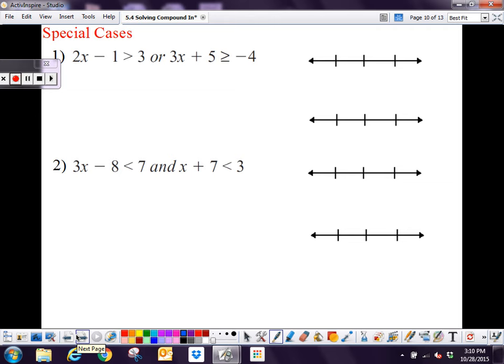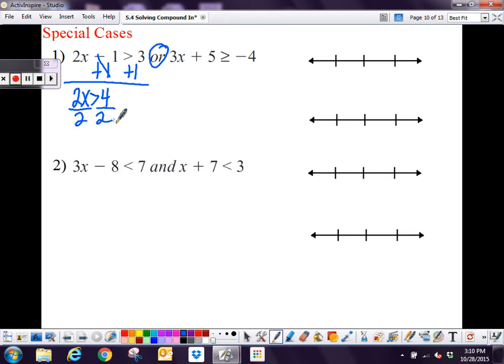You'll see why these are special here in a sec. So we have 2x minus 1 is greater than 3, or 3x plus 5 is greater than or equal to -4. Let's just start working these out like normal. So we have 2x is greater than 4.